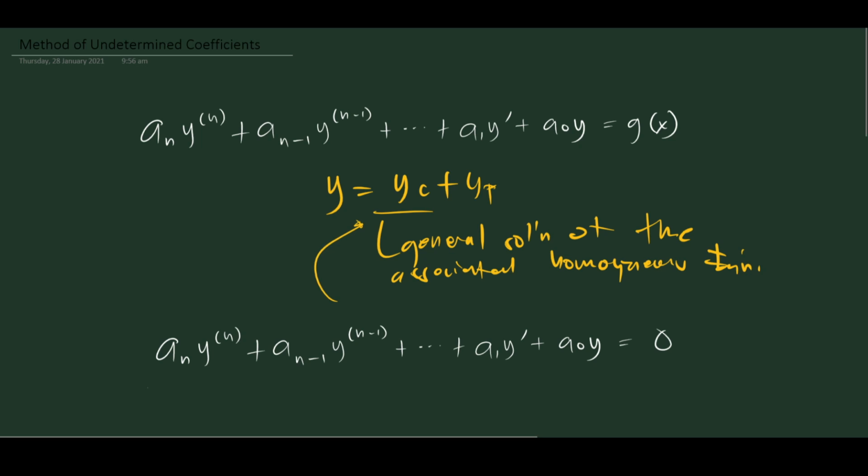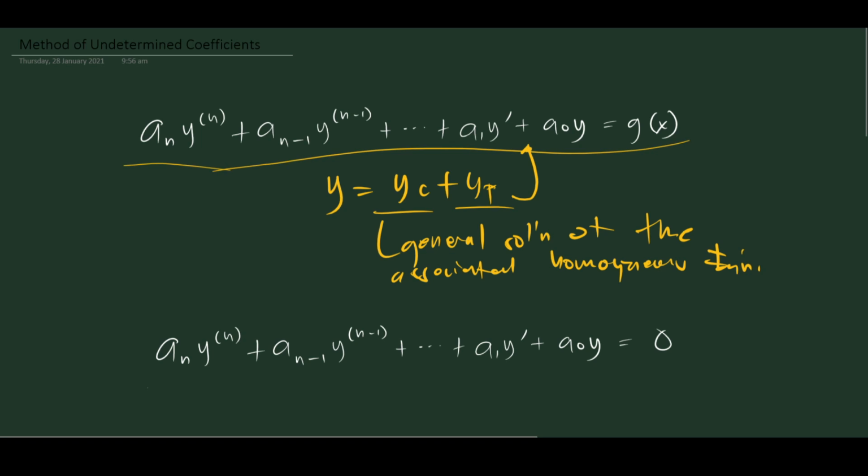Now let's go to the second part of our general solution, which is yp. Now yp is the particular solution. Now what is this particular solution? yp is the function that if you substitute it into our left hand side here and get its corresponding derivatives, it will satisfy this non-homogeneous equation.